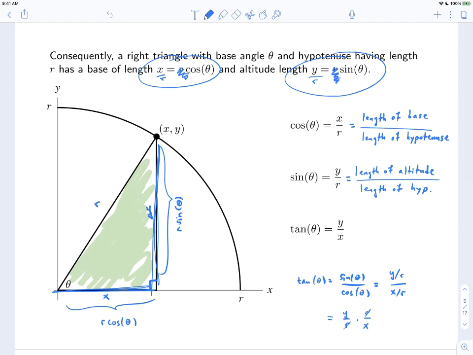The r's cancel, and you're left with y over x. Y over x, which you see here. So y is the length of the altitude, which I'll just call alt, and x is the length of the base. So you can see that cosine, sine, and tangent can all be expressed in terms of dimensions of this right triangle.